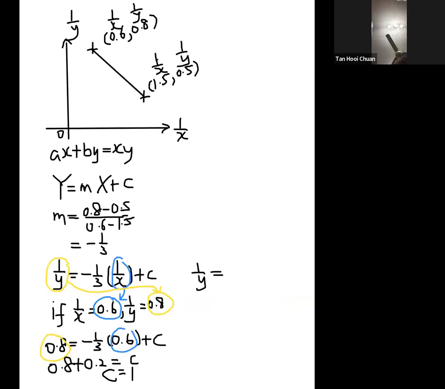The c value I put inside here. I use another color. So c I got already, I put inside here again. Okay, so I see the equation has x and y, so it seems that I need to times xy for everyone.